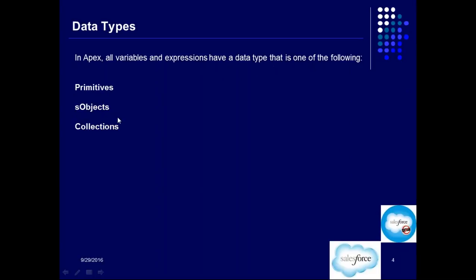So that goes by the literal meaning of the word collection. All right. So these three data types are available primarily. So primitives are the ones which are used for storing single values, sObjects for storing records, and collections for storing multiple values of the same type. Okay, so a collection can be a collection of primitives or a collection of sObjects.